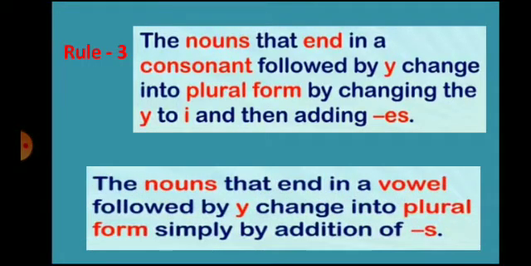And the nouns ending in a vowel followed by y change into plural form simply by the addition of s. So if there is y at the end and before y there is a vowel, that means a, e, i, o, u, the y will not be cancelled and we will not put ies. Instead of that, we just simply add s to make it plural. So till this we have studied in the last period.